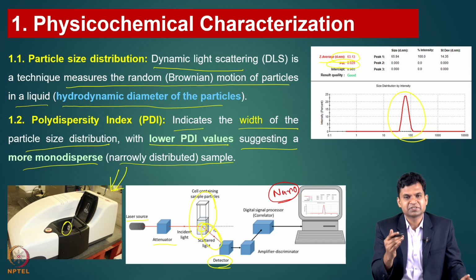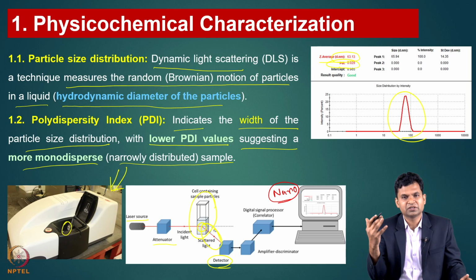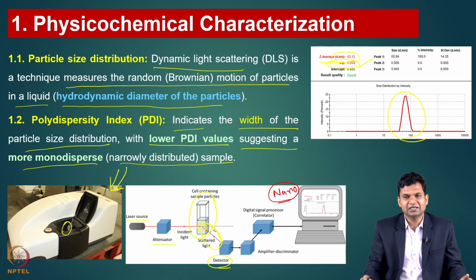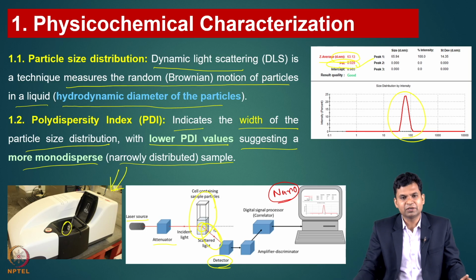The polydispersity index is always near 0, which speaks about the distribution of your particles. With the same instrument, during the particle analysis itself, you will get the results. If the particle distribution in your suspension is narrow, you will get a lower PDI value.